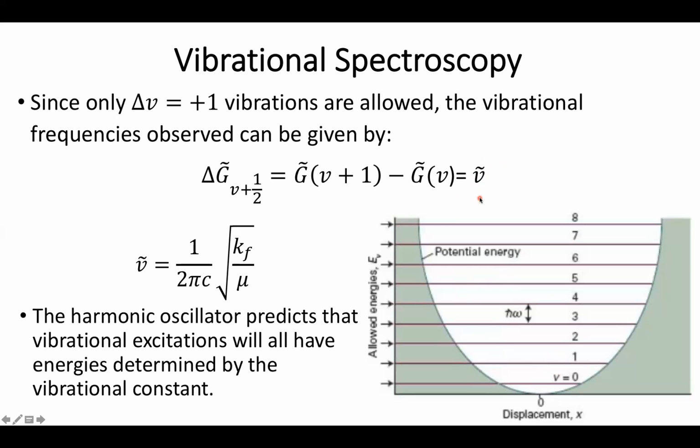And it is worth noting that this is going to be the harmonic oscillator predicting all of our vibrational excitations with this same energy based on our vibrational constant and clean peaks. Well, it turns out that this isn't always going to be the case. And one of the reasons why is because, remember, when we started with the approximation of the harmonic oscillator, we assumed that we weren't moving too far away from our equilibrium bond distance.